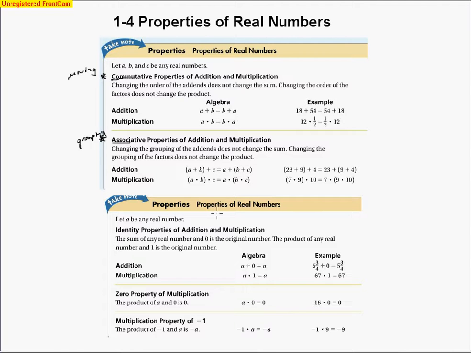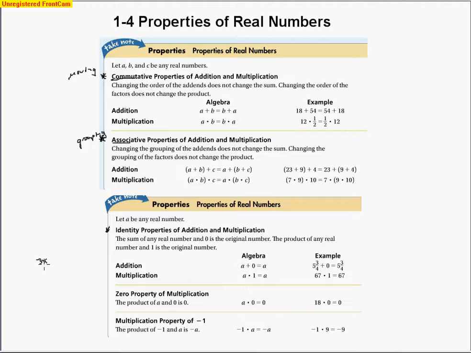We also have some others. We have the identity property of addition and multiplication. So that's when we add 0 to a number, we get the same number. Multiply 1 by a number, we get the same number. We use this property, the identity of addition, all the time whenever we try to solve an equation.